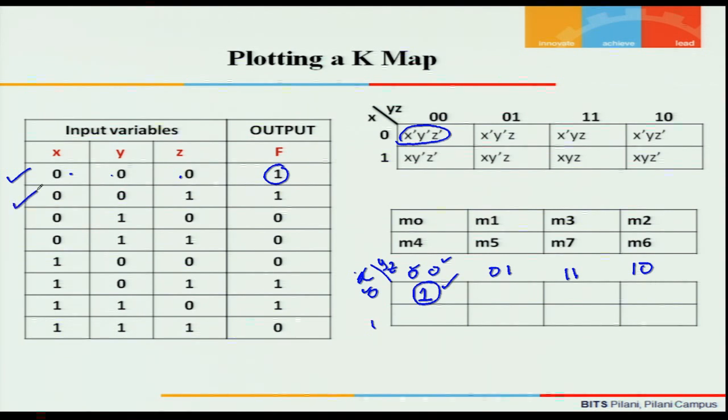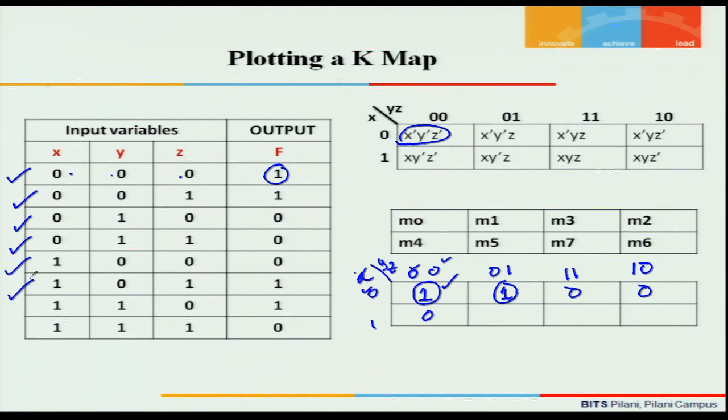The second row is x bar, y bar, z. The corresponding output is a 1. The third row is x bar, y, z bar, output is a 0. The fourth row is x bar, y, z, output is a 0. Fifth row is x, y bar, z bar, output is a 0.